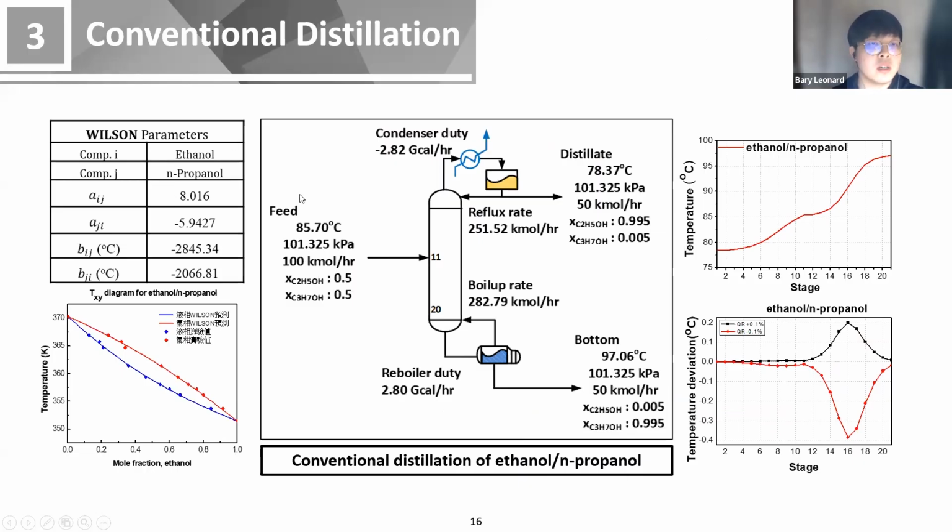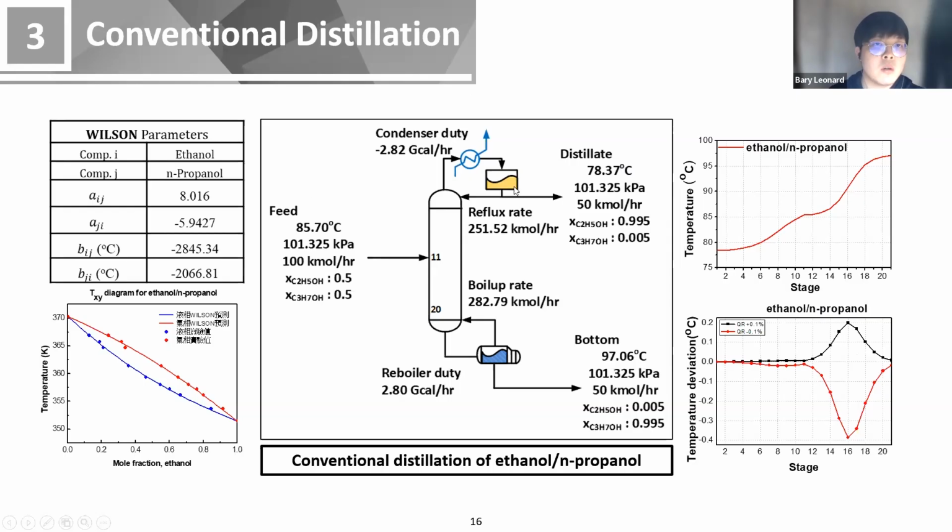So here we use the Wilson property method, and this is our binary parameters, and this is our TXY diagram for ethanol and propanol, and this is the temperature profile, and this is the temperature sensitivity profile. And as we can see, stage 16 here is the most temperature sensitive, so we choose this stage as the temperature control stage for the quality control.